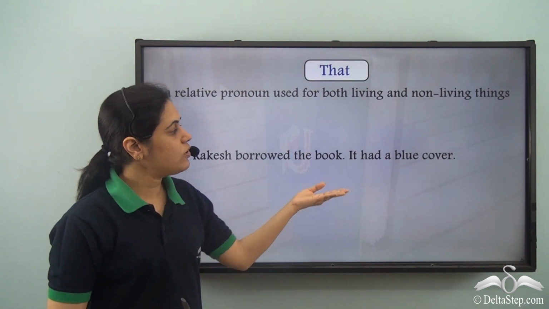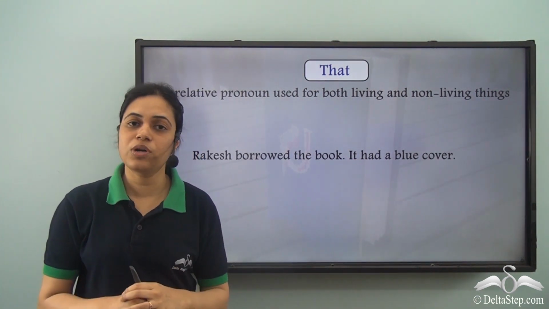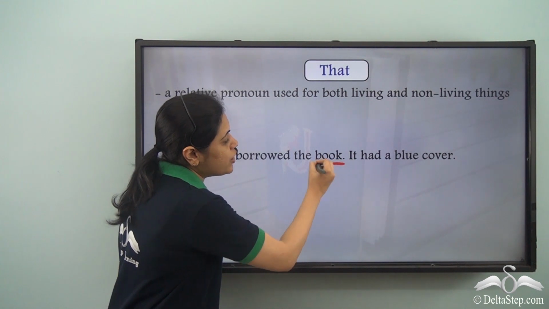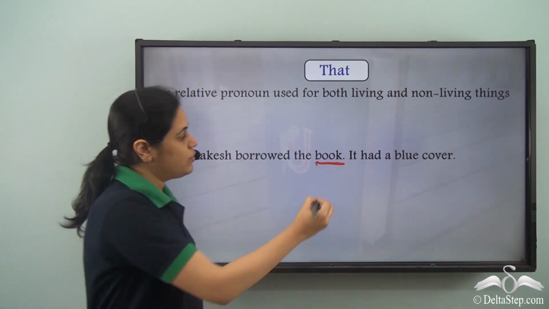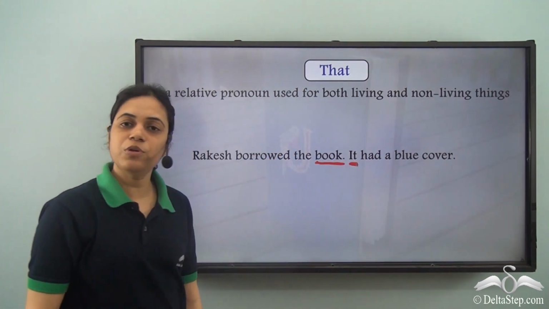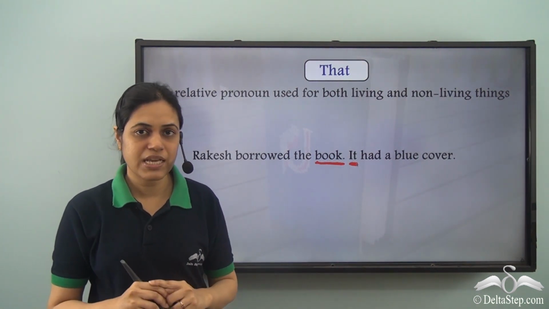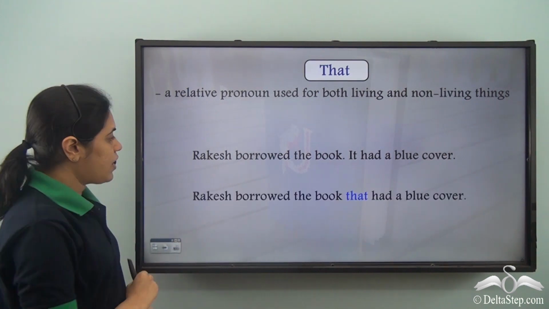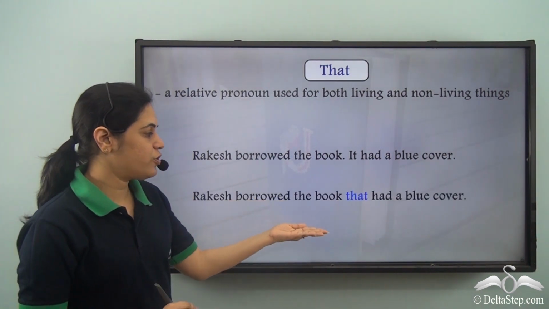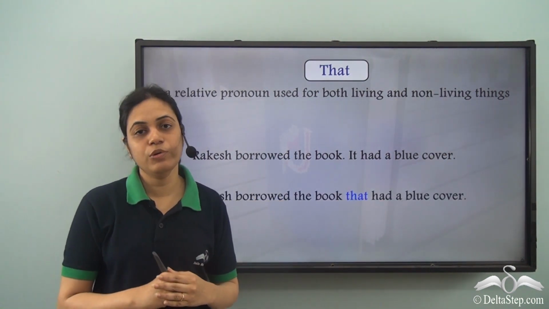Rakesh borrowed the book. It had a blue cover. So we are talking about book here. Book had a blue cover. So I need to replace this it from the sentence. I can write, Rakesh borrowed the book that had a blue cover.